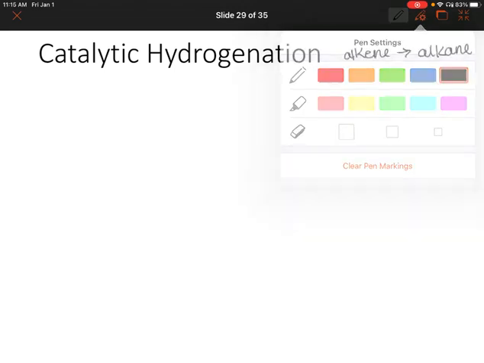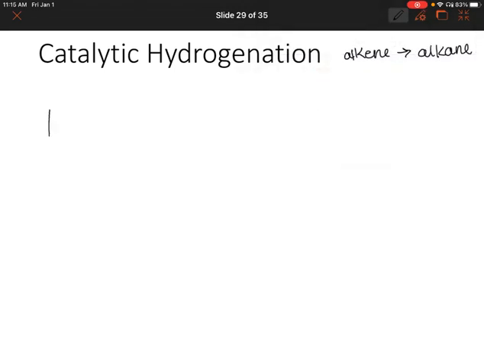So we're just going to add hydrogens across a double bond. So let's start with cyclohexene again. And we're going to add hydrogen, so H2, and then we're going to add a catalyst.